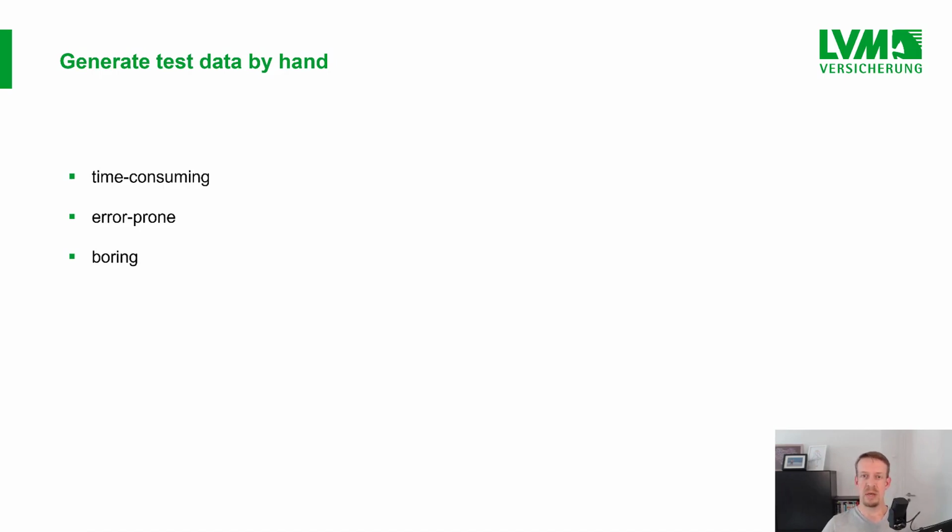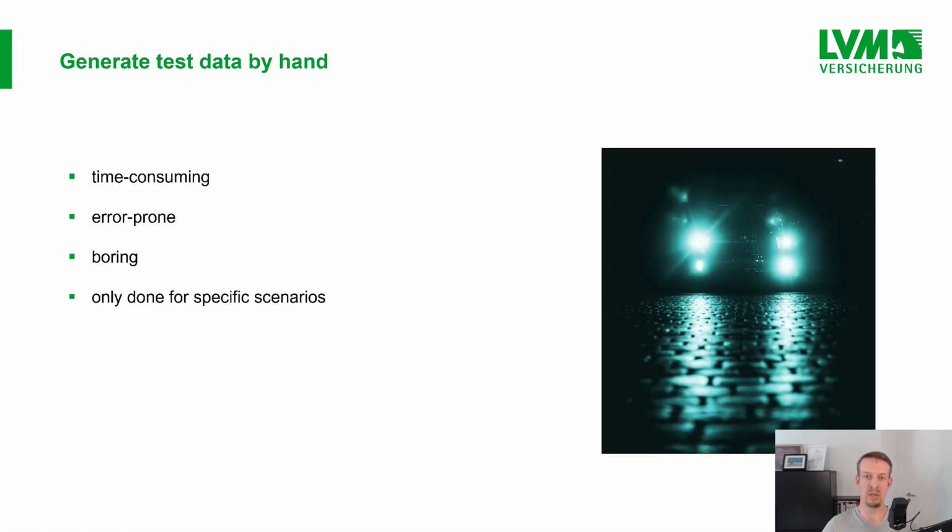Because of those reasons, generating test data by hand is only done for specific scenarios. You can think of handcrafted test data sets like driving at night with the headlights of a car. The headlights of a car make sure you get the most relevant information for driving, like the course of the road, traffic signs, or raccoons crossing.